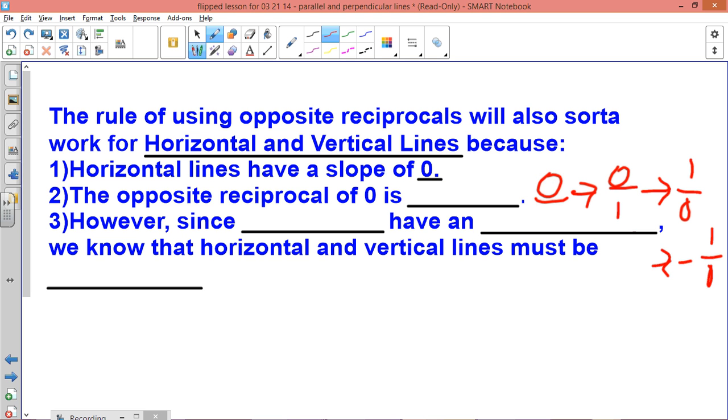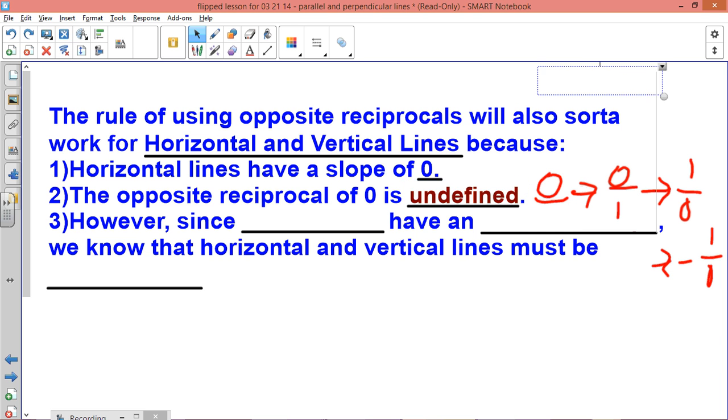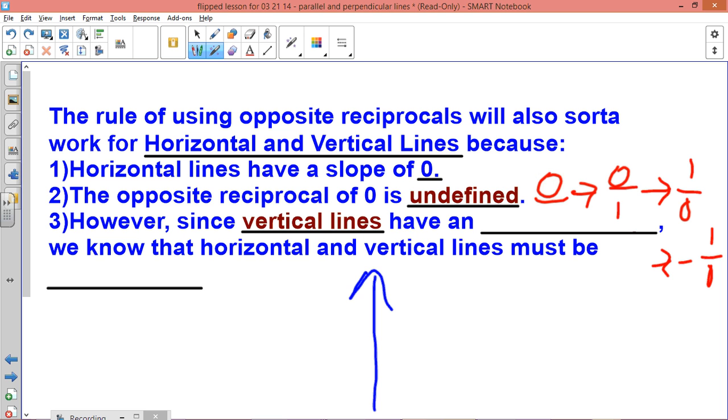Well, as we all know, you cannot divide by 0. It just doesn't make any sense. So the opposite reciprocal of 0 is undefined. However, vertical lines have an undefined slope, because remember when we were talking about slope, a vertical line has an undefined slope.